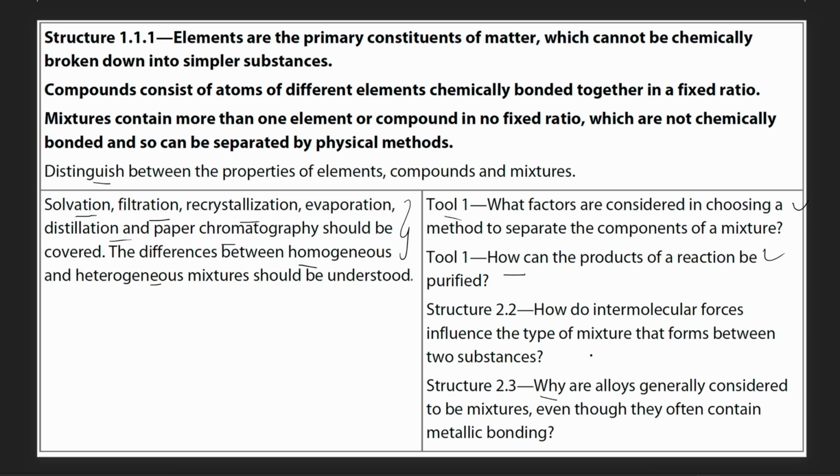You know, stainless steel is a combination of different metals. So it is still considered a mixture because it's a combination of different elements that are not chemically bonded together. All right.